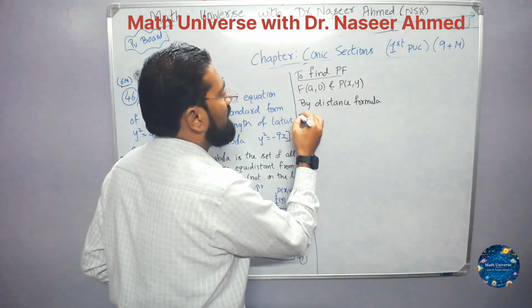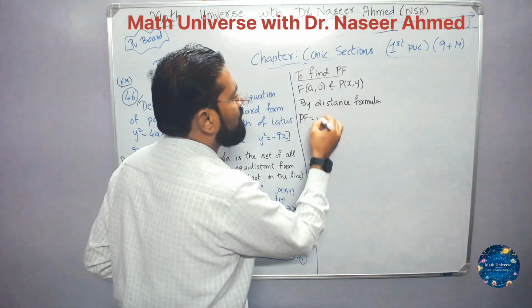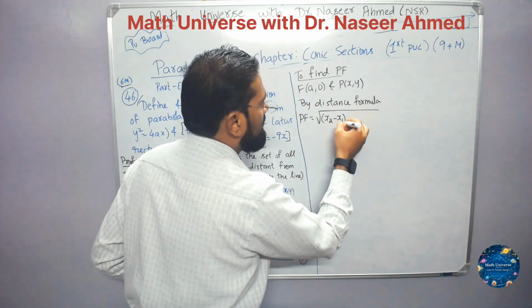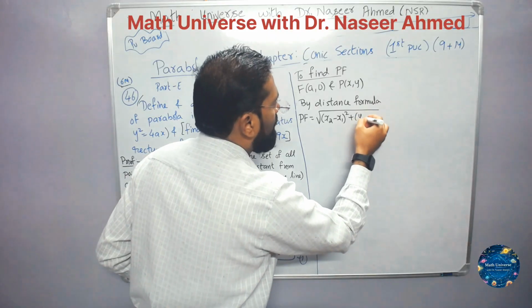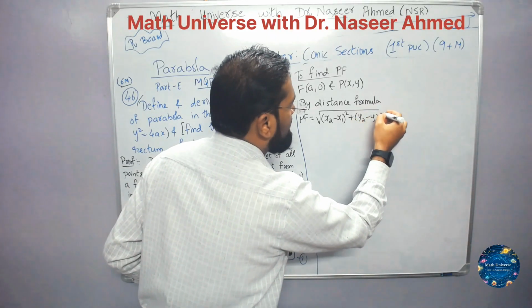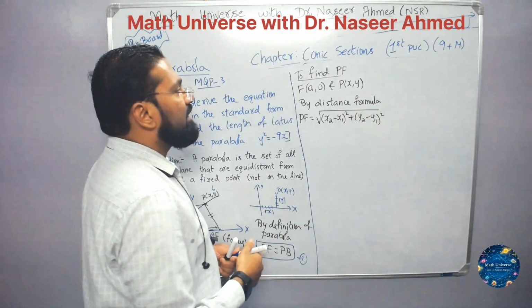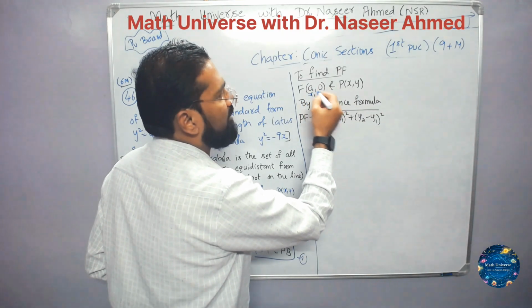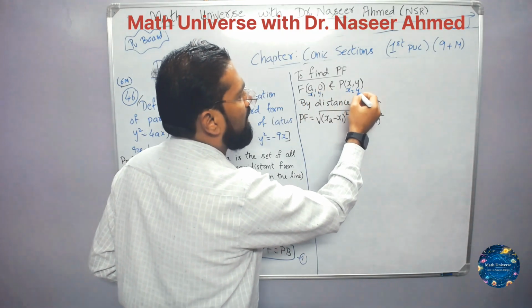By the distance formula, we have PF is equal to the square root of (x2 minus x1) the whole square plus (y2 minus y1) the whole square. We can take F to be the coordinate x1 comma y1, and this coordinate as x2 comma y2.